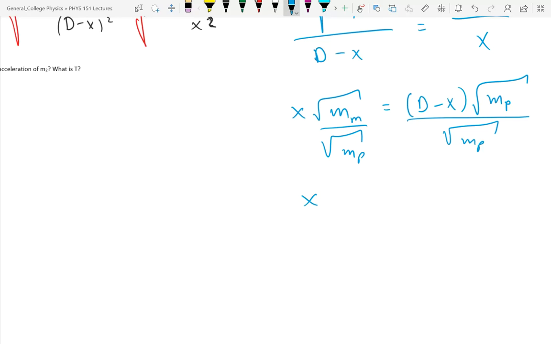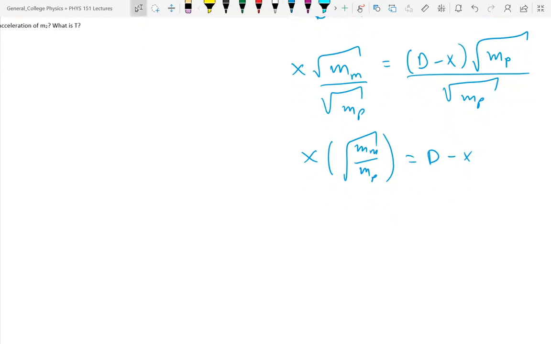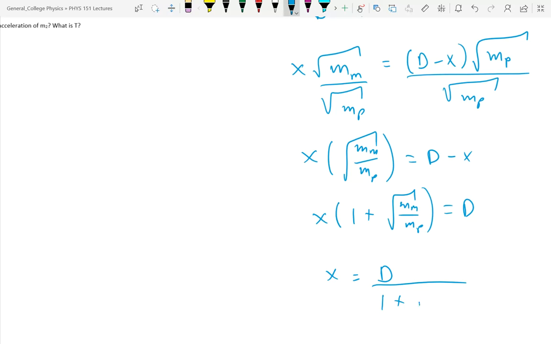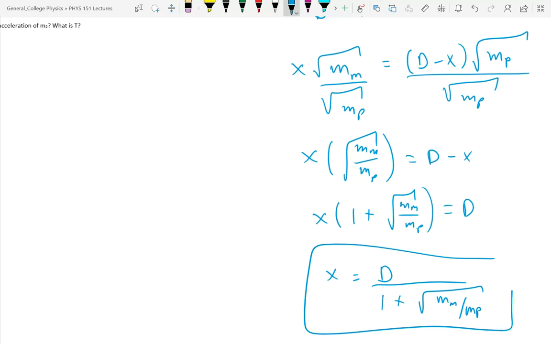And I have x times square root of M_M over M_P equals d minus x. Rearrange. Or finally, and there we have the position where the net force is 0.